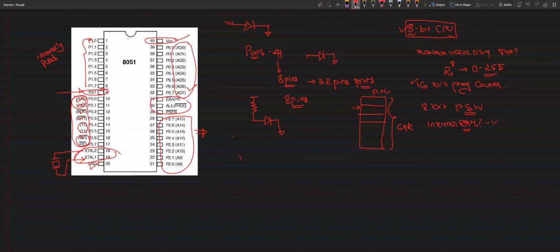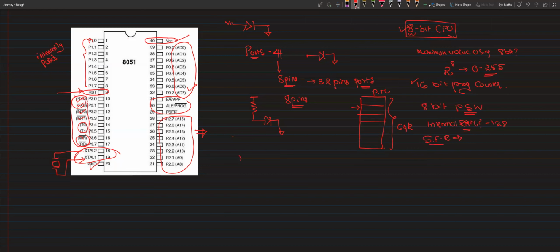And we have something called the special function register. I will come to this point later. The special function registers will be used for some special functions. I'll let you know when we come to that point. So we have 128 bytes of SFRs.